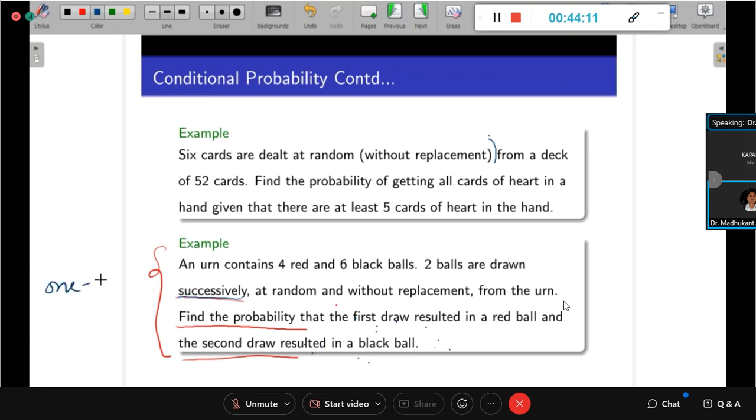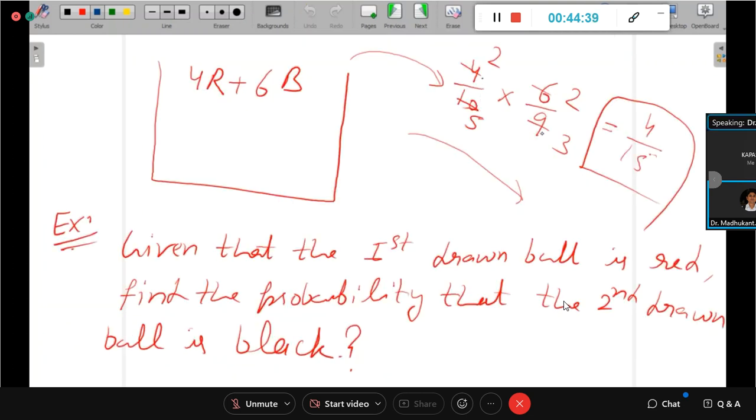You can read this as one after the other. So there is a difference in both the questions. For the first case, the total number of exhaustive cases will be different. For the second drawn ball, the total number of exhaustive cases will be different. So that is why here 10C1 and 9C1.